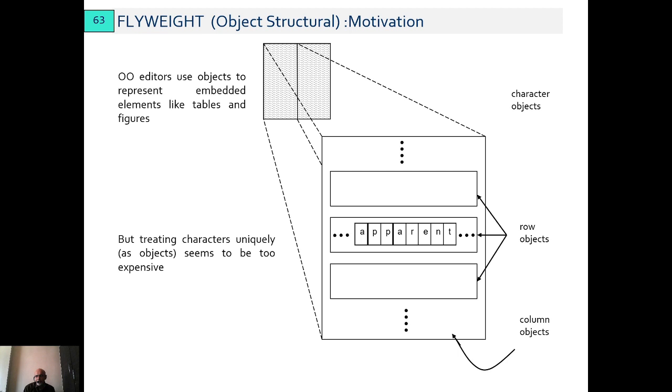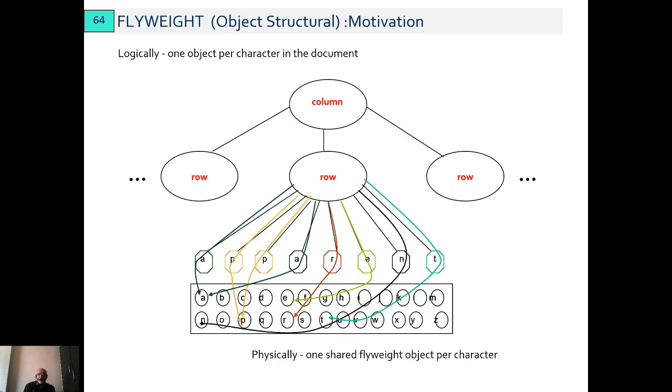Apparent, right? If you see row-wise reading, the word that can be spelled is apparent. The columns can have multiple rows, so you can form any kind of string which has some meaning.